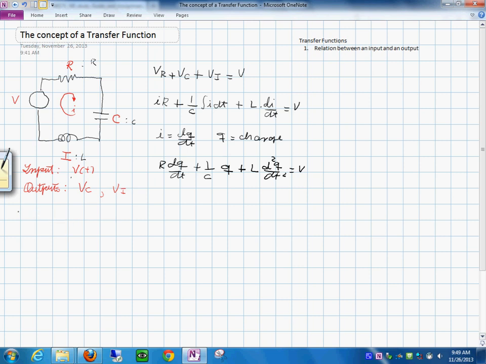So in other words, we want the relationship between voltage C and also the relationship between the voltage I, like this. This is the so-called transfer function.